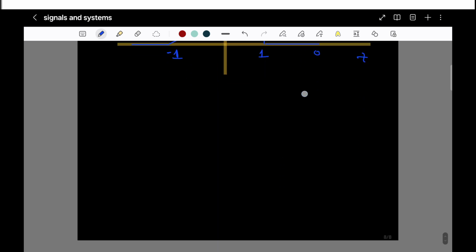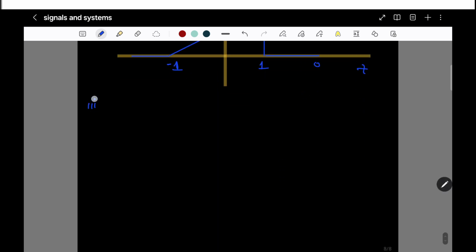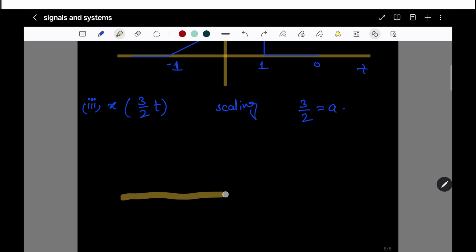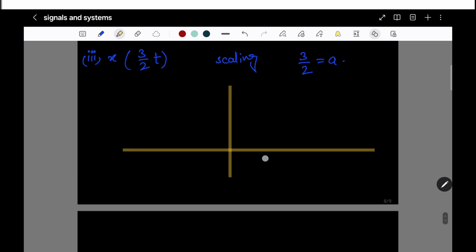So the next is x of 3 by 2t. So here we have a scaling by the factor of 3 by 2, which is actually a. So the first thing is you simply draw the signal.